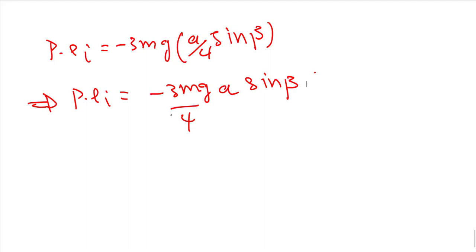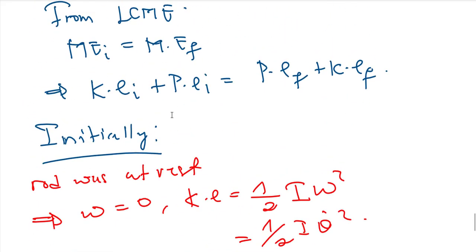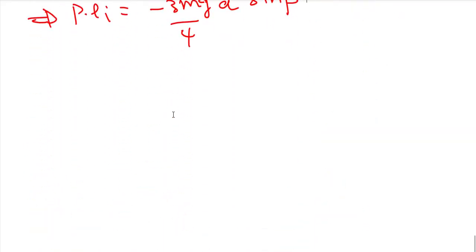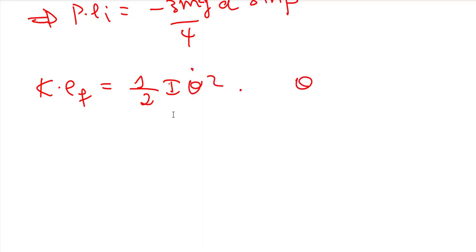Now let's verify the final kinetic energy and the final potential energy. To get the kinetic energy final, it is simply a half I omega squared. I'll use theta dot squared, where theta dot is also known as d theta on dt. But we need to get the moment of inertia of our system.